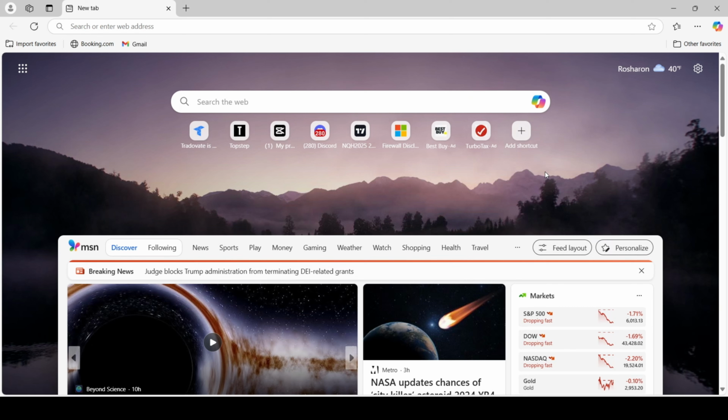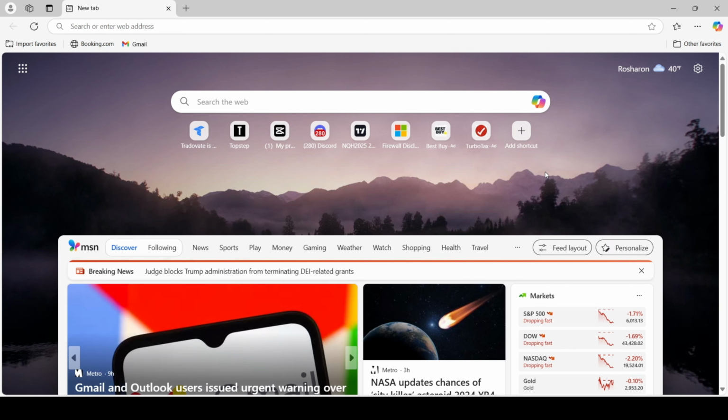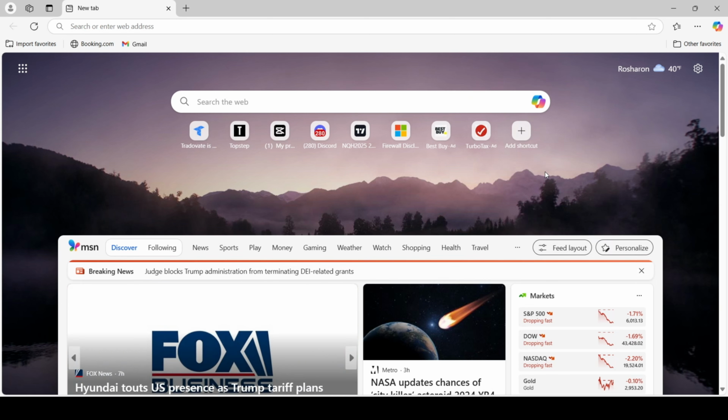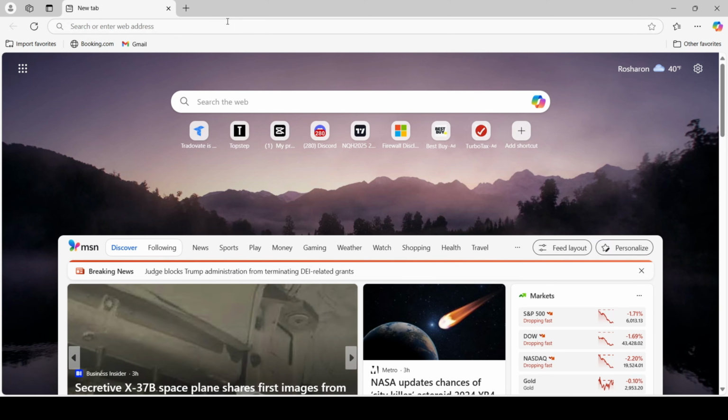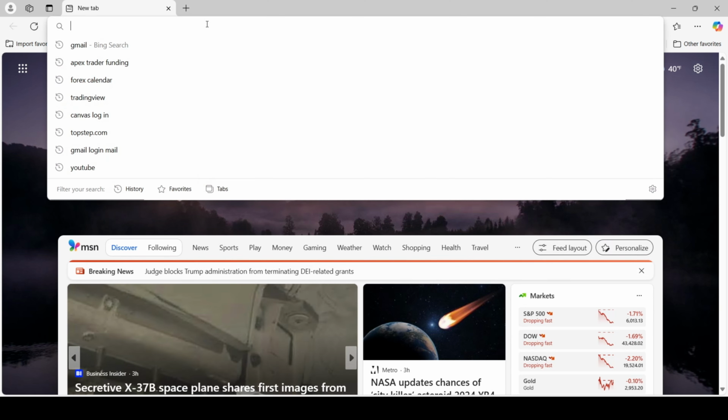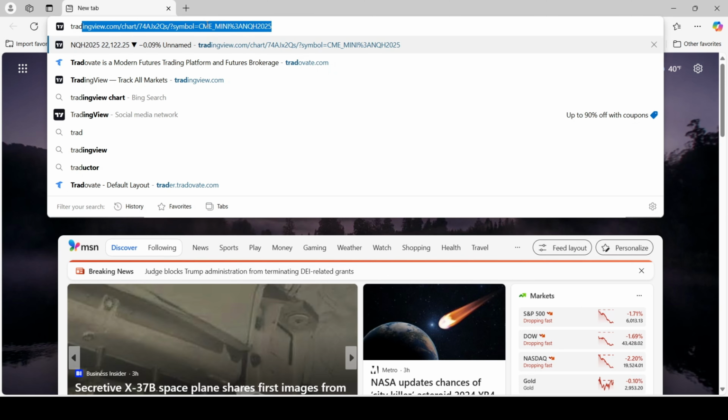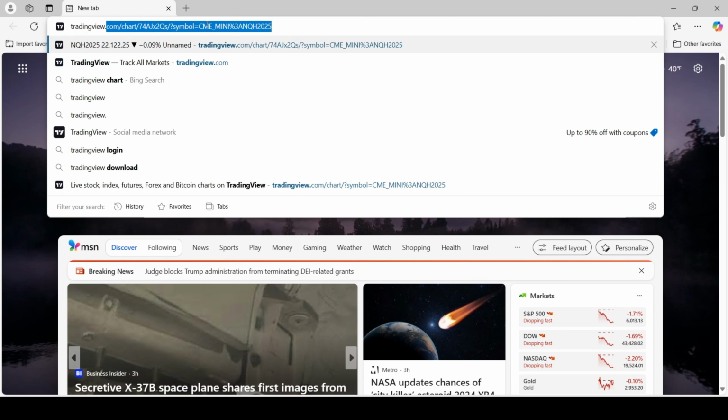So in this session, we're going to pull up TradingView, and I'm going to show you guys how to chart assets and look for setups in order to trade. The platform I trade with is TradingView.